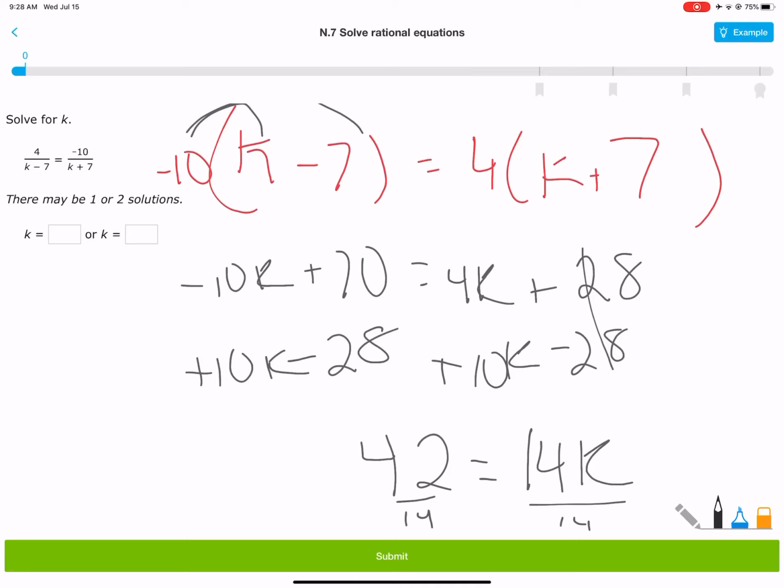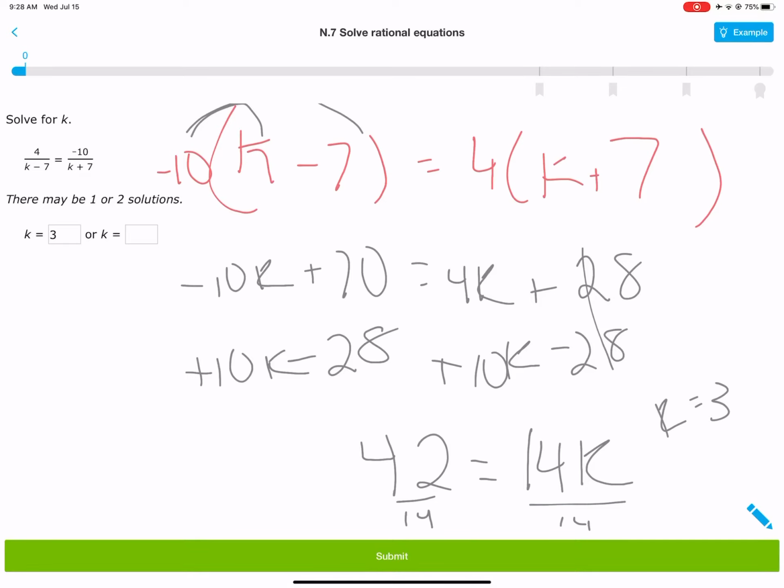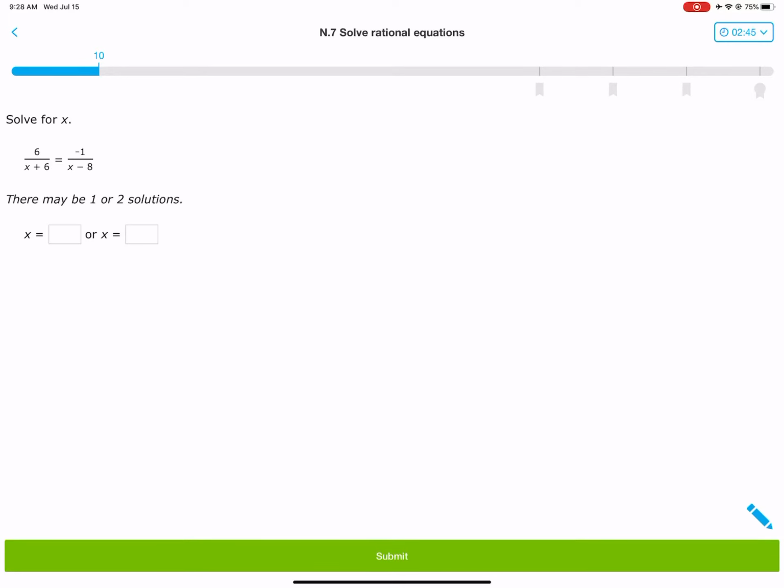And we are left with 3. Okay, k equals 3. Alright. So you don't actually need 2 solutions. If there's only one solution, you don't need to put in another value.